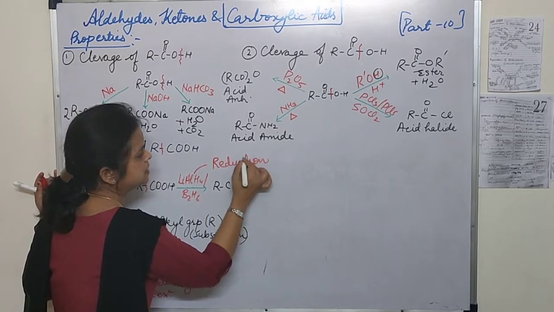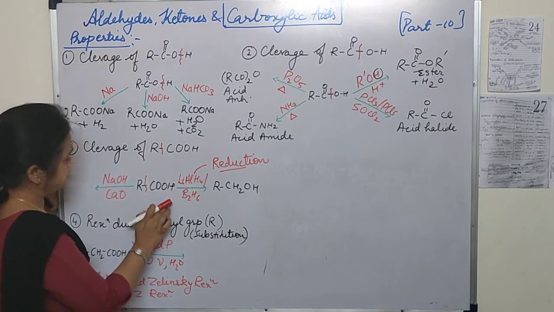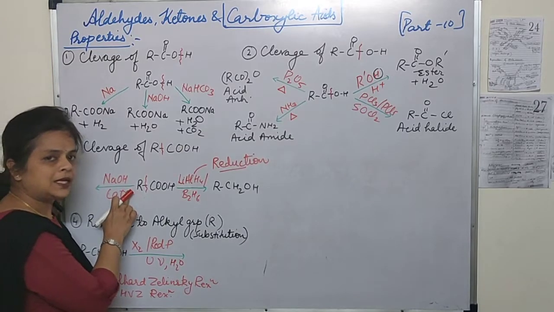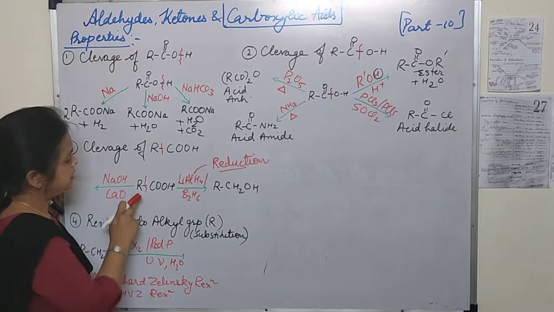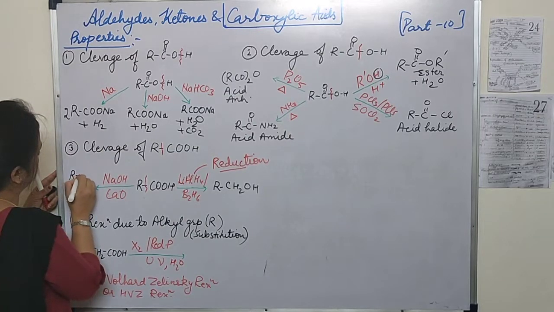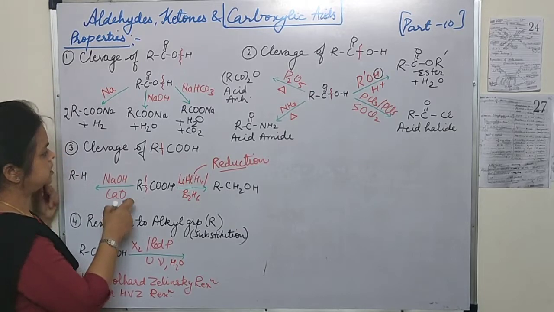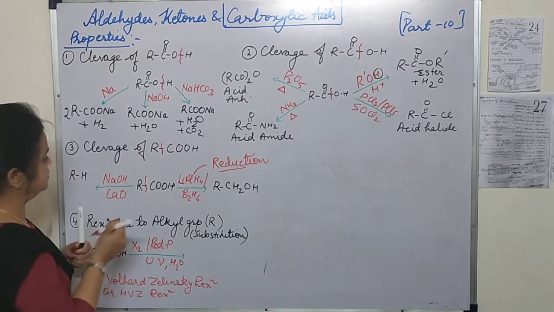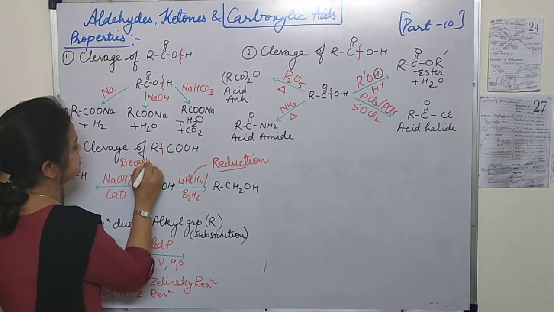Which process is taking place over here? Reduction process is taking place. Now, RCOOH when combined with soda lime, NaOH and CaO, when it is heated with soda lime, we know that hydrocarbon will be formed. Now, here we are having R, so we will get hydrocarbon RH. Okay, this is decarboxylation reaction. If you want to write the name of this, it is decarboxylation.